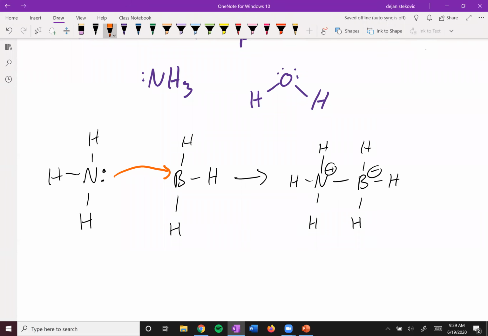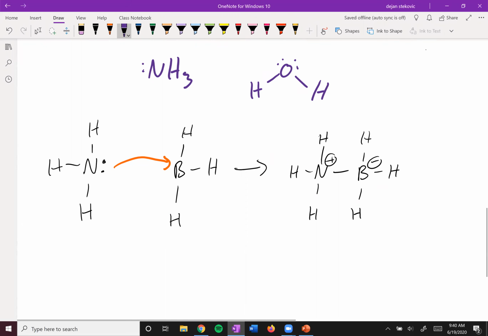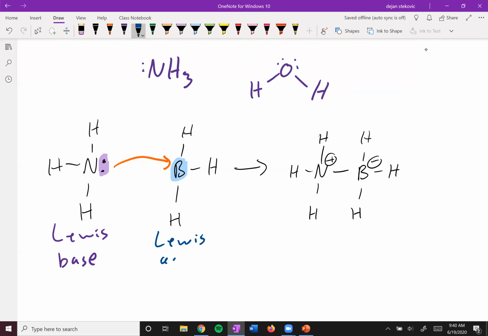And so you see there's been no transfer of H's here. So we're not talking about a regular Bronsted-Lowry acid base. We're talking about a Lewis acid base. This nitrogen was the one that donated its lone pair, so it is the Lewis base. And then this BH3 is what accepted the lone pair, and so it was a Lewis acid.